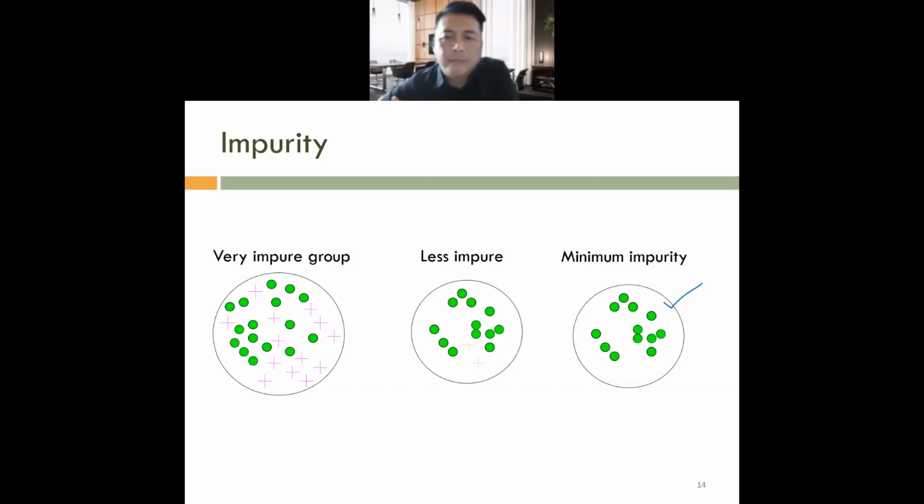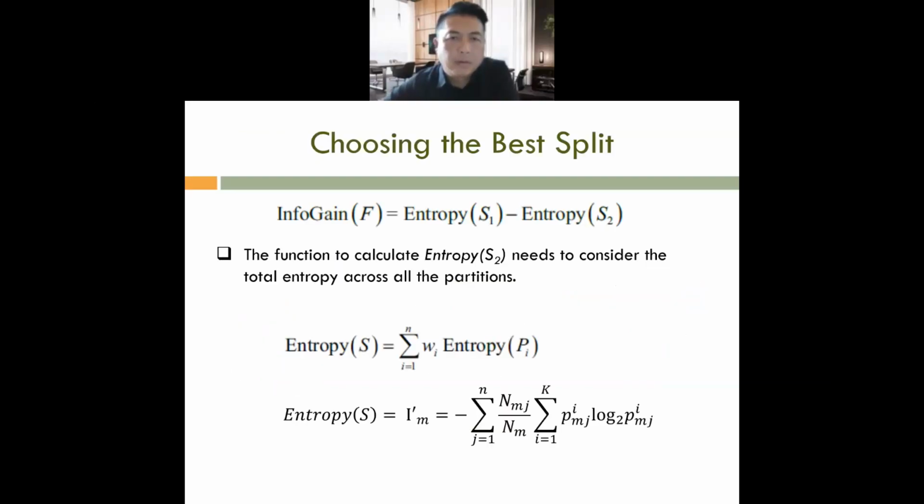You only have the green circle inside that partition. To choose the best attribute to split your data, we will look into the info gain. The info gain is basically computing the entropy before you split and after you split. We want to know the entropy differences.